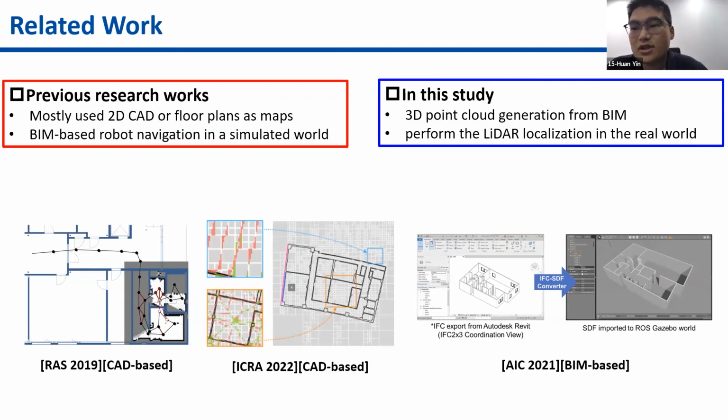However, these works were conducted in simulation software. So in our study, we are doing 3D point cloud-based localization. The localization is conducted in 3D work, and we are delighted to perform LiDAR localization in the real world.